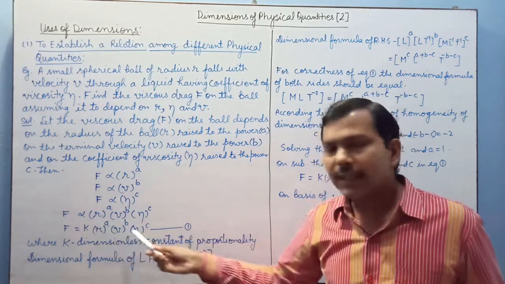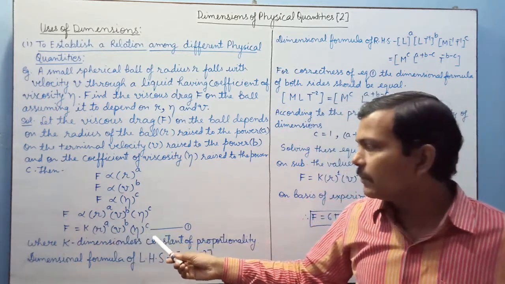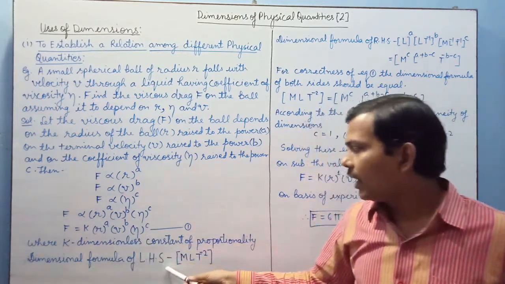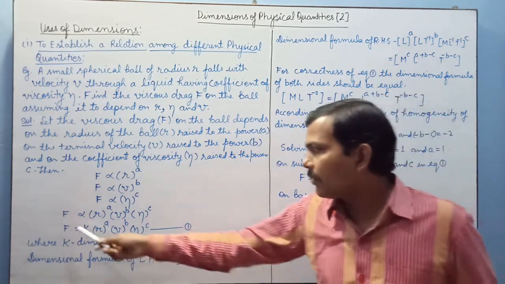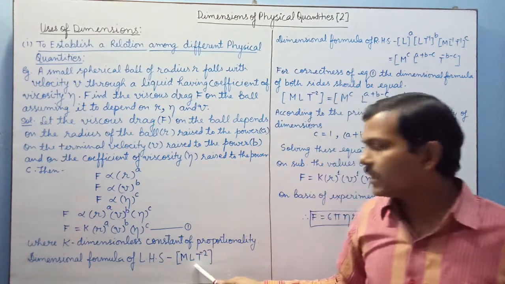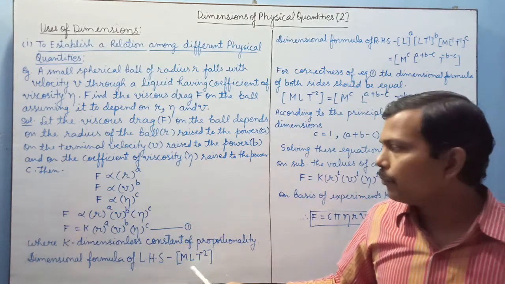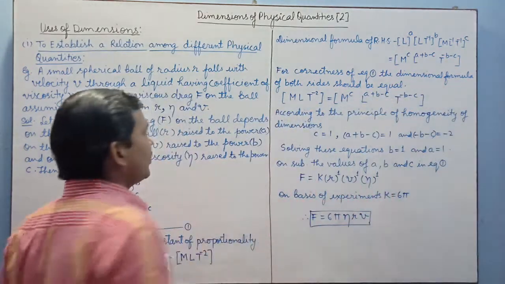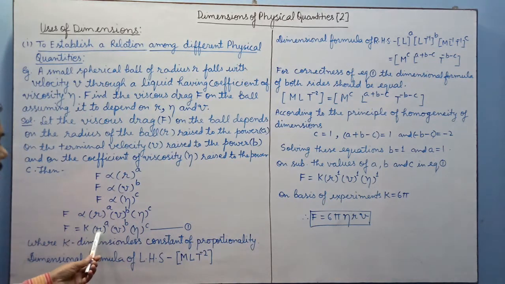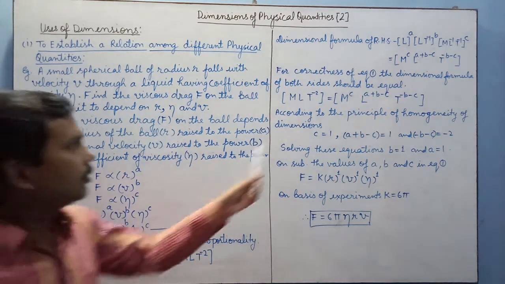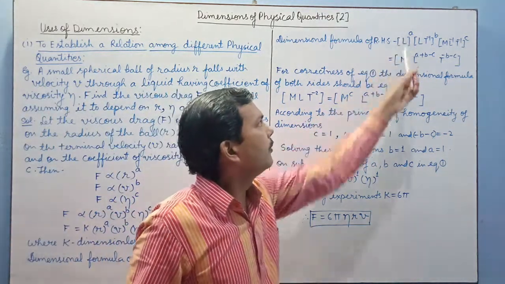Now we will find out the dimensional formula of both the sides. First, the dimensional formula of LHS. This is MLT minus 2, because the dimensional formula of force is MLT minus 2. Now we will find the dimensional formula of RHS. First is radius. Radius means length, so we will have L power a.